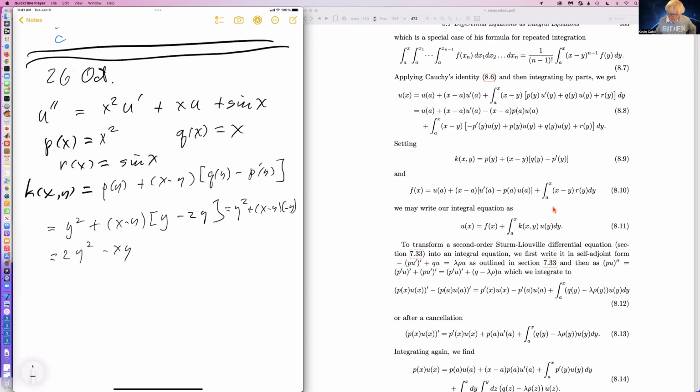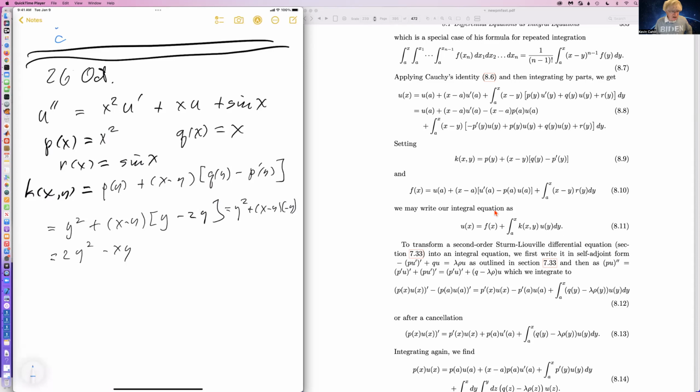Whereas here, with an integral equation, the boundary conditions show up right away in the function f. They don't show up in the kernel, but they show up in the integral and in the function f of x, and in many places in that definition of the function f of x.